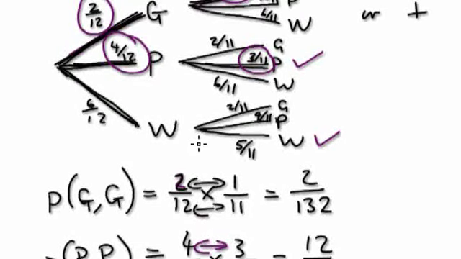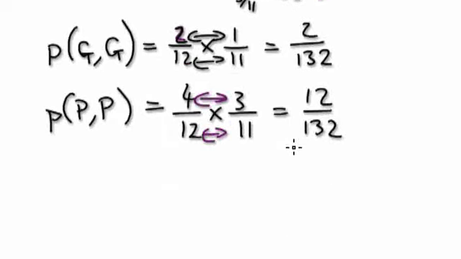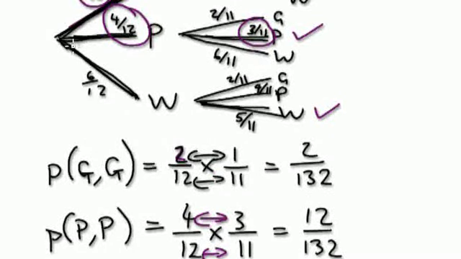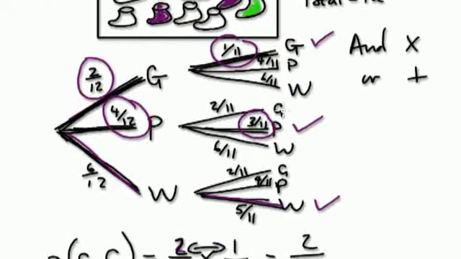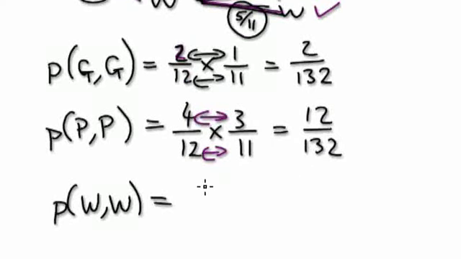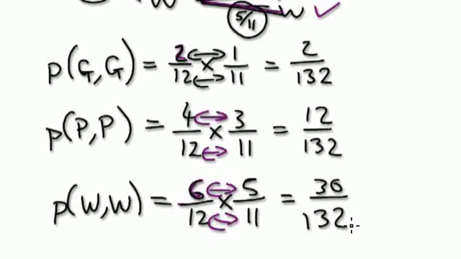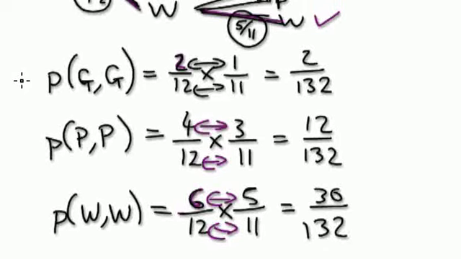Then we also need white and white. Remember, when there's an and, you've got to times. So we need this times this. So it would be 6 over 12 times 5 over 11. Top times top, that would be 30. Bottom times bottom, 132.